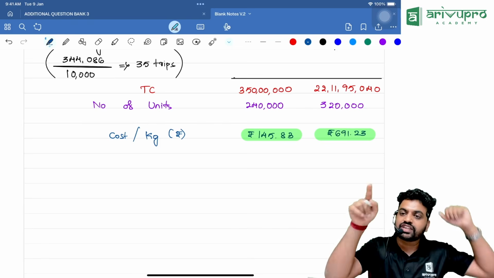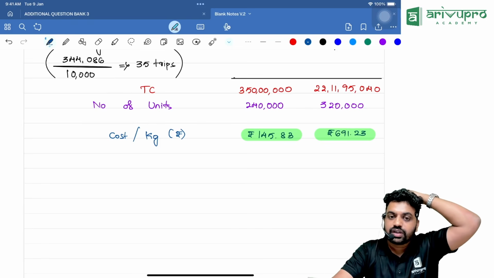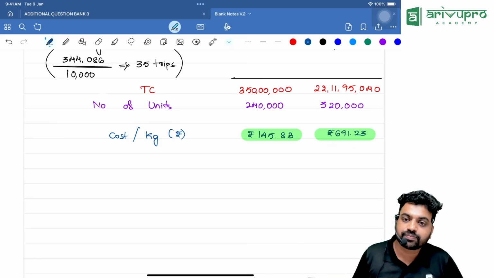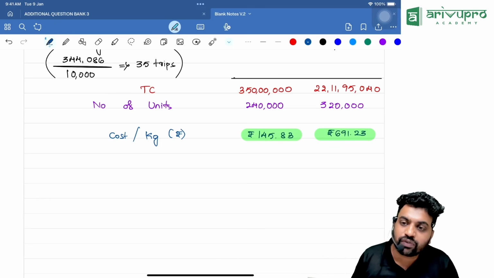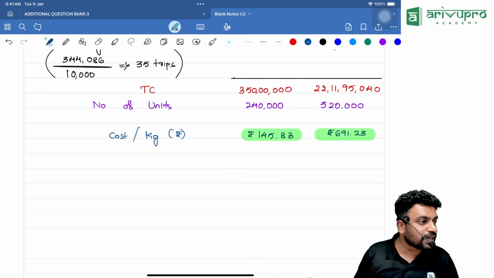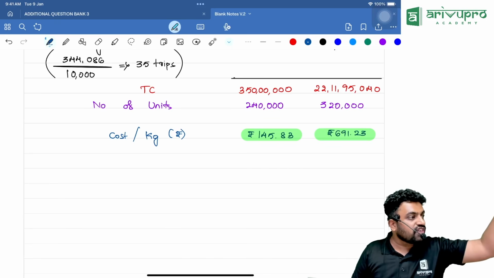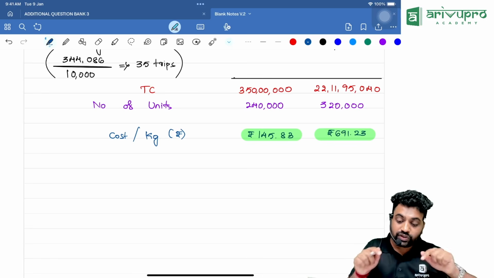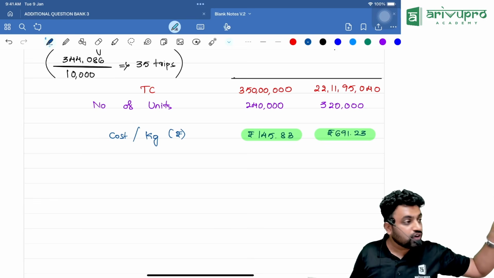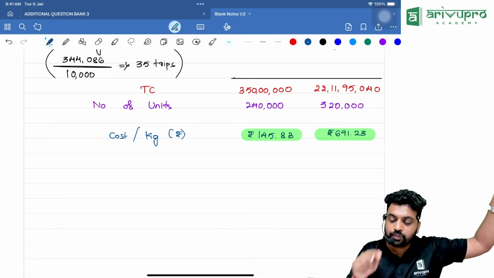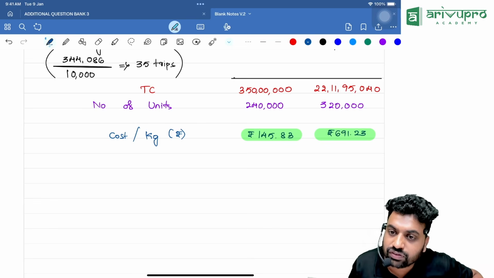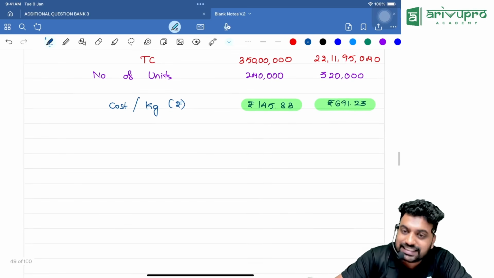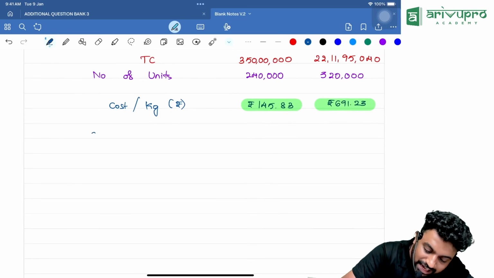He will be paid for 250,000 or 240,000? 250,000, which means money is taken for 250,000. So interest will be paid on what? Carrying cost should be calculated on the cost of 250,000. Now, rupees 140 is the cost of 250,000, or rupees 145.83 is the cost of 240,000? 140. So always remember, whenever the price is revised, carrying cost should be calculated on the original price.